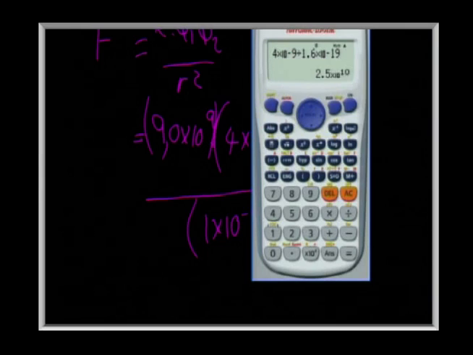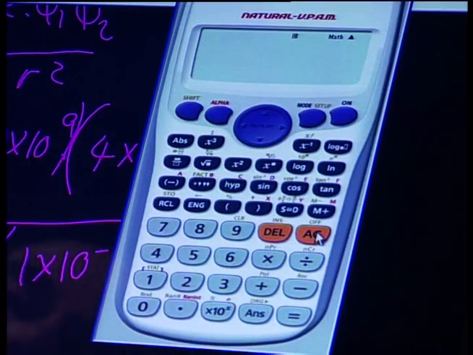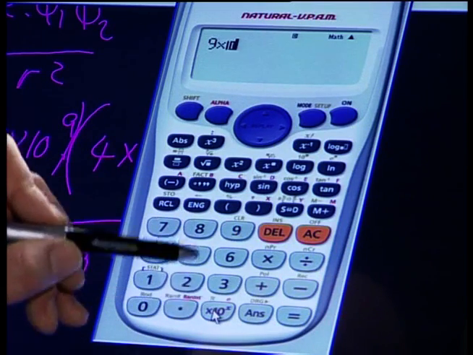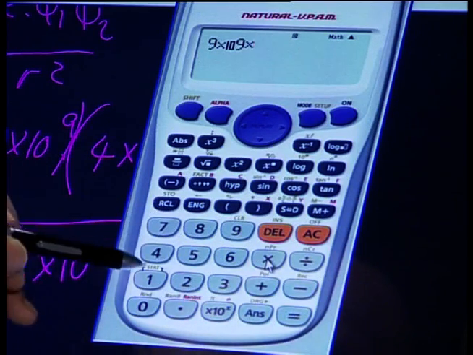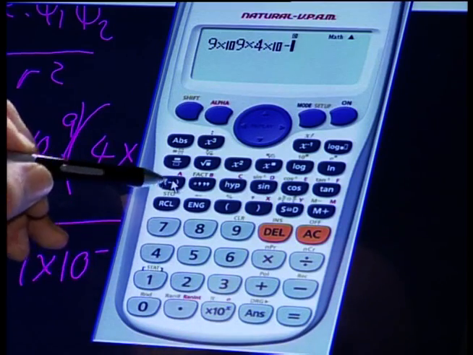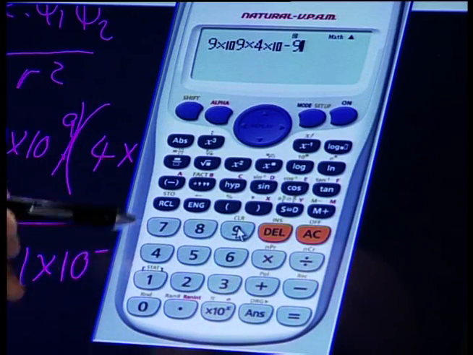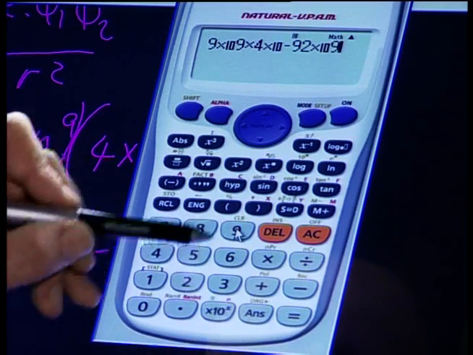Now, it's easy on these new calculators because we can see the whole equation as you write it out. So let's do it. 9 exponent 9 times 4 exponent minus 9 times 2 exponent minus 9.